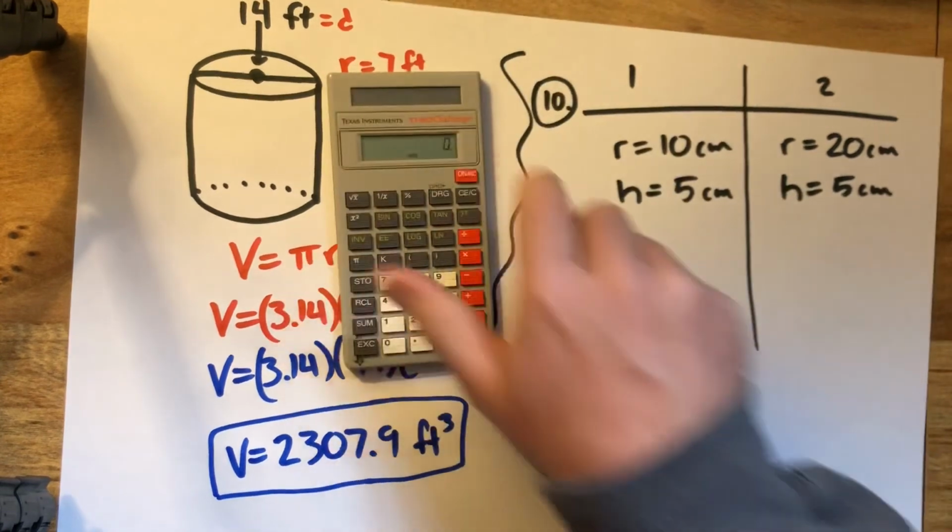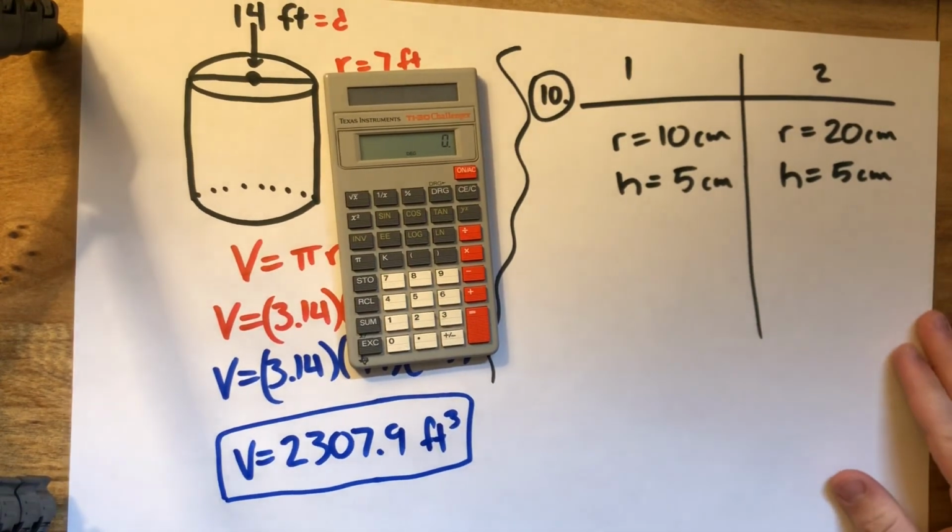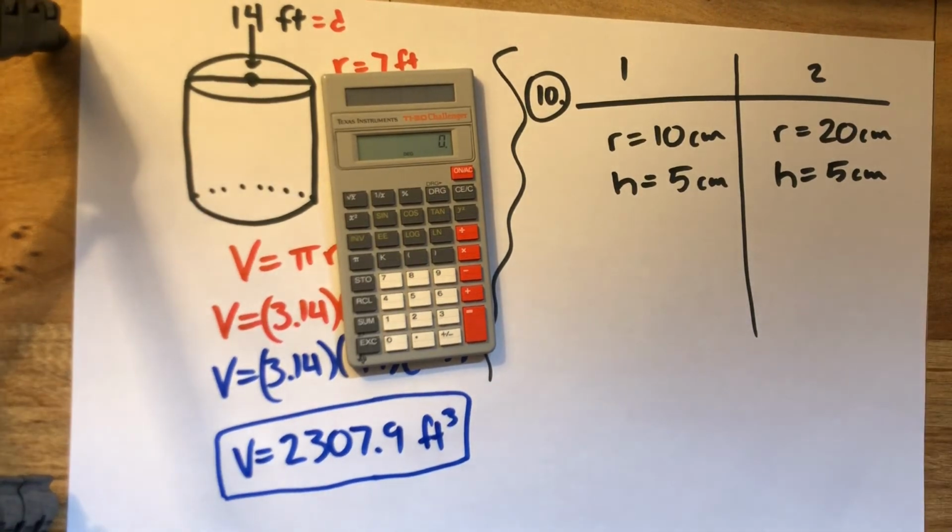Moving on, we're going to find number 10. This is actually on your practice page. Number 10 is an application problem. It says, Bo was comparing two cylinders that both had a height of 5 centimeters. The first had a radius of 10 centimeters, and the other had a radius of 20 centimeters.